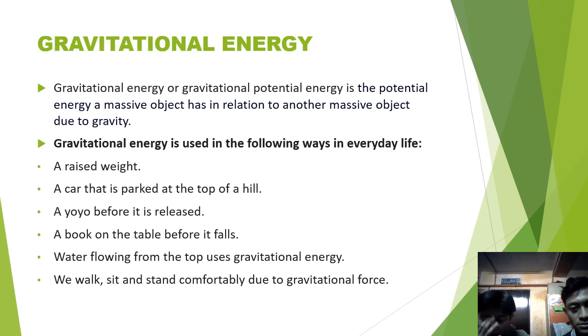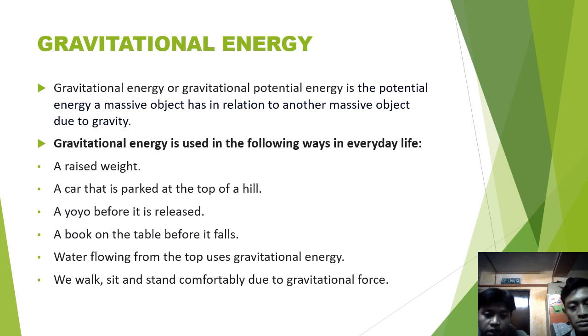So what is gravitational energy? Gravitational energy, or gravitational potential energy, is the potential energy a massive object has in relation to another massive object due to gravity. Gravitational energy is used in the following ways in everyday life.